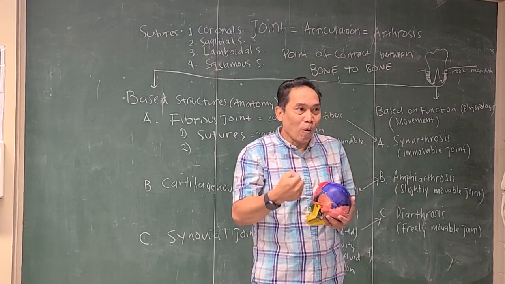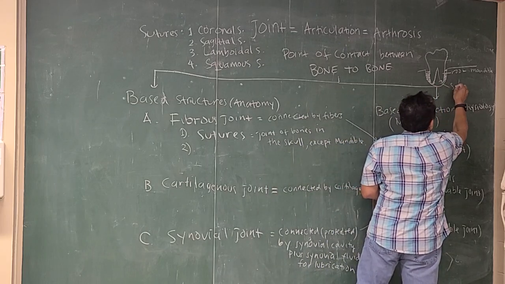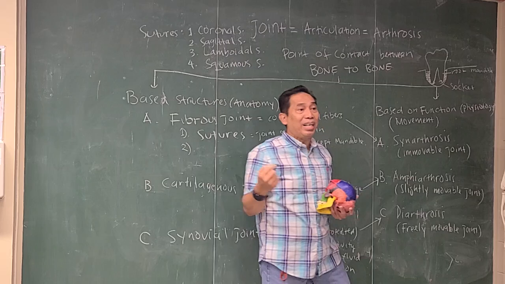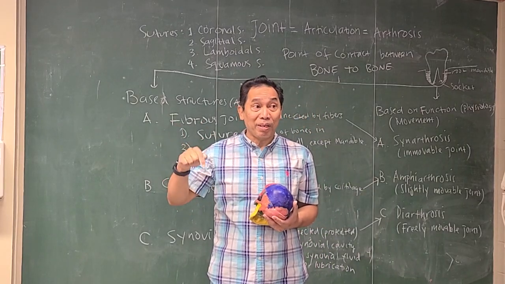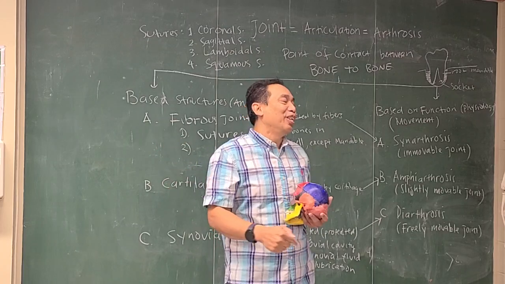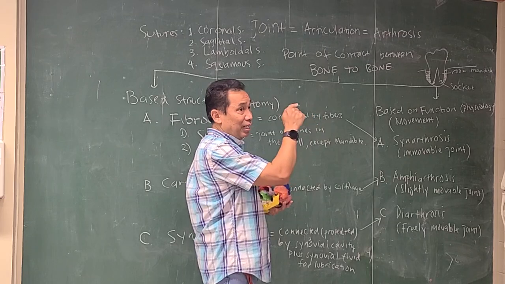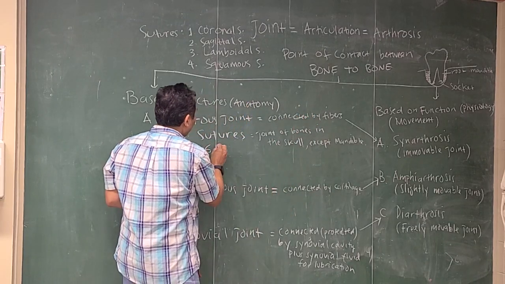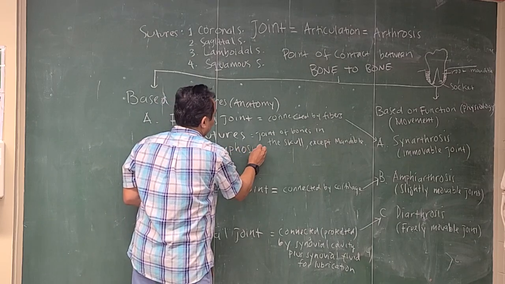There is a fiber that holds your tooth into this socket, the tooth socket in the mandible or in the maxilla. So there is fiber on it. Therefore, it is a type of fibrous joint. The joint between the teeth and the jaws, whether mandible or maxilla, is called gomphosis.